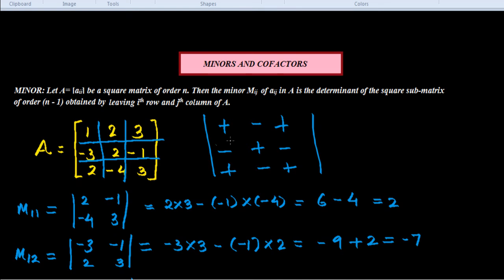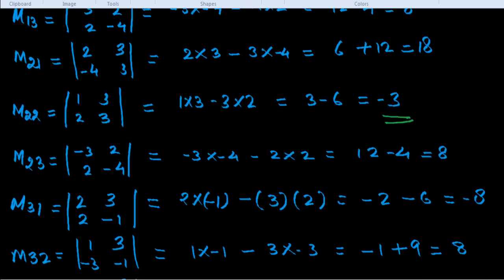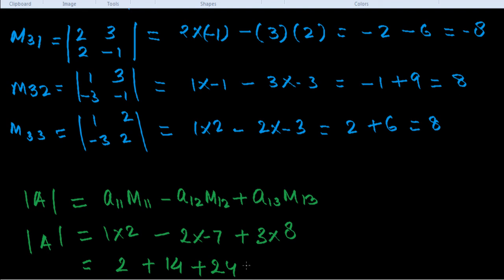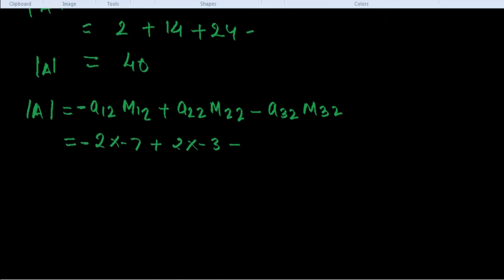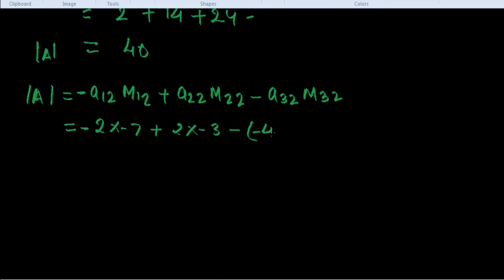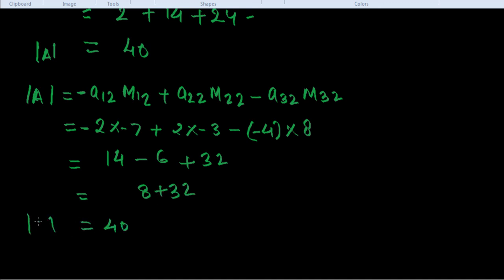A32 is minus 4 and M32 is 8. So it is minus 4 into 8. Now we simplify this. It is 14, it is minus 6, it is 32. 14 minus 6 is 8, plus 32, we get here 40. The value of determinant we always get same if we choose any row or any column. So this is the way how to find out the minor.